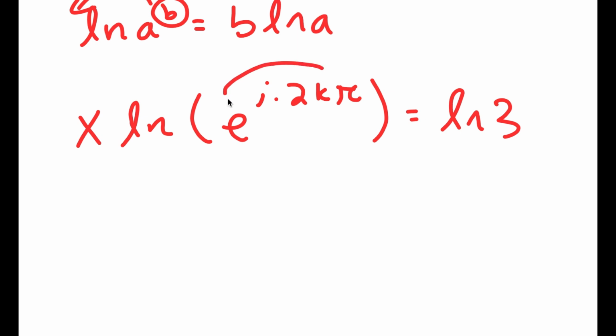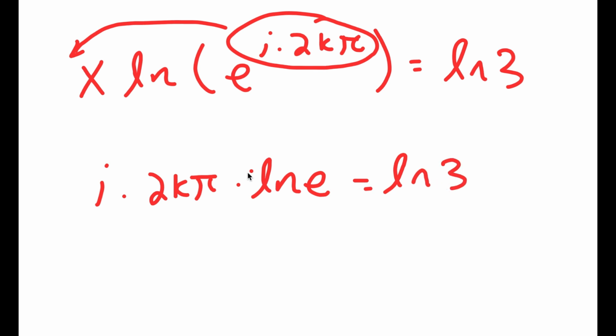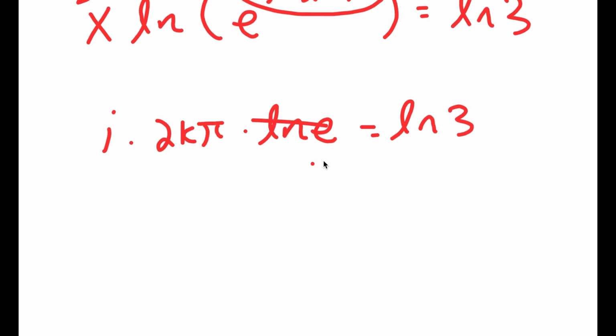Now I'm going to use this property again and move this to the front as well. So I get i times 2k pi times ln e is equal to ln 3. And ln e, these two cancel out. So now I'm left with i times 2k pi is equal to ln 3.